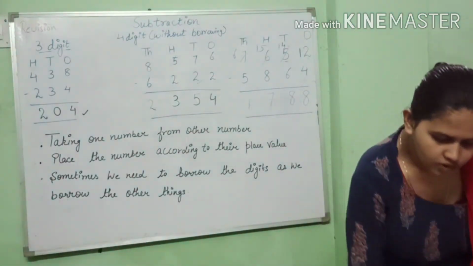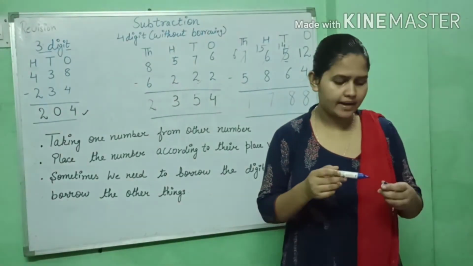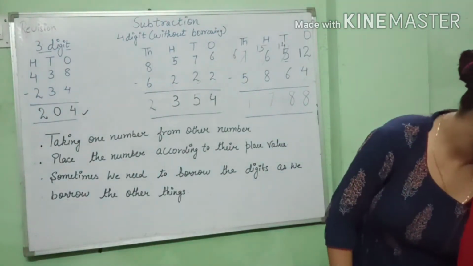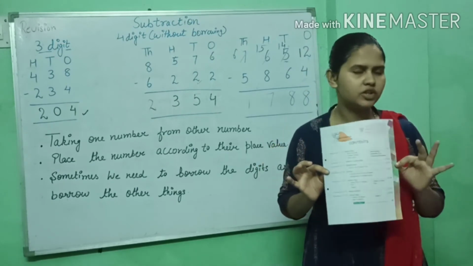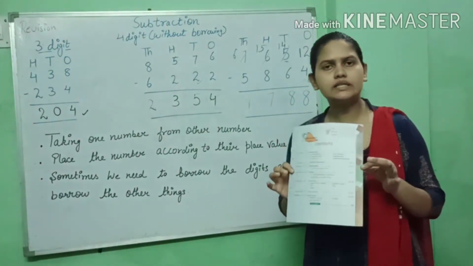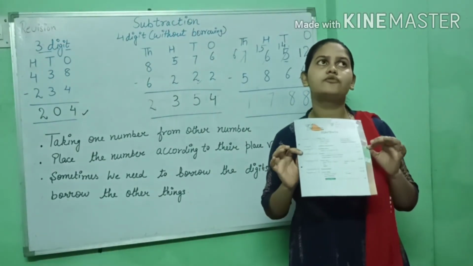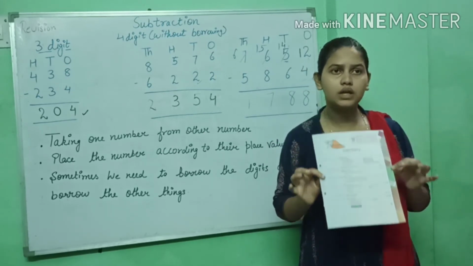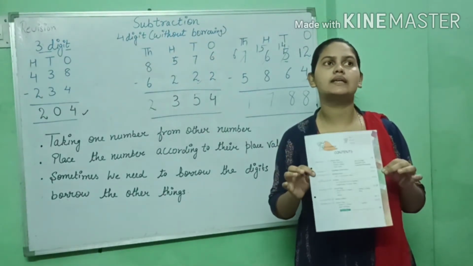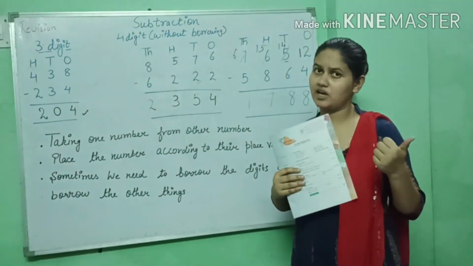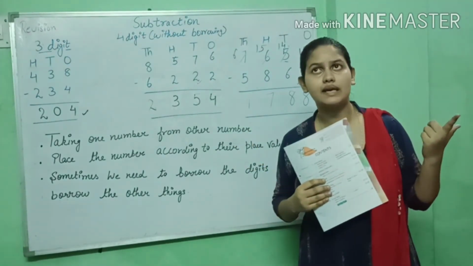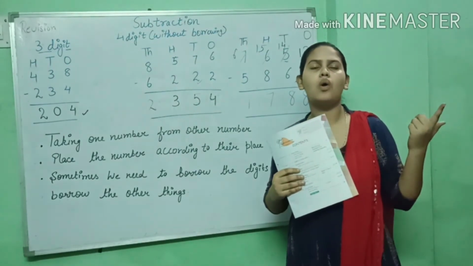One more thing for you students, I have a workbook also. You have your workbook with you, and in this workbook we learn how to do things. I have done my subtraction and my expanded form, which include odd and even numbers.